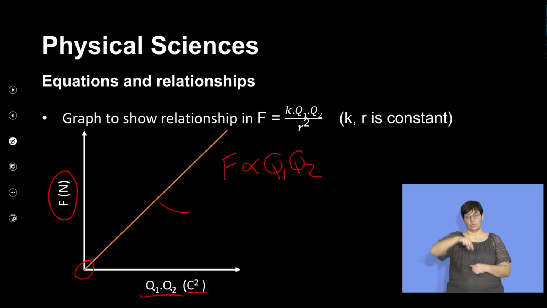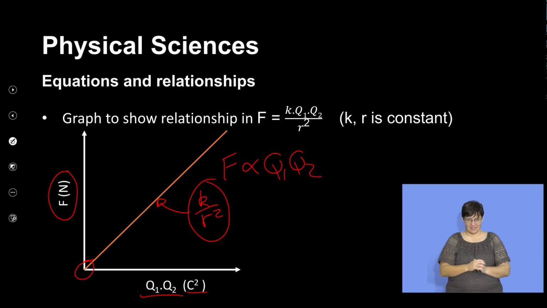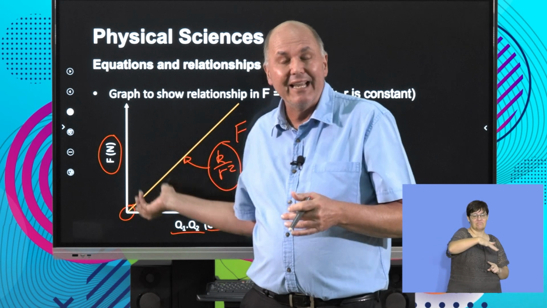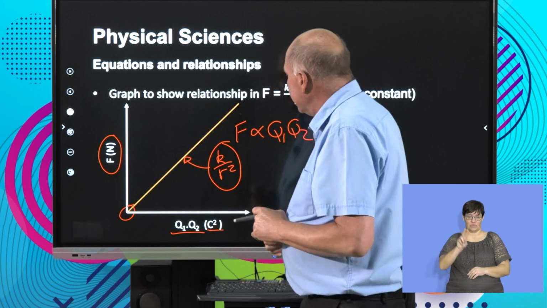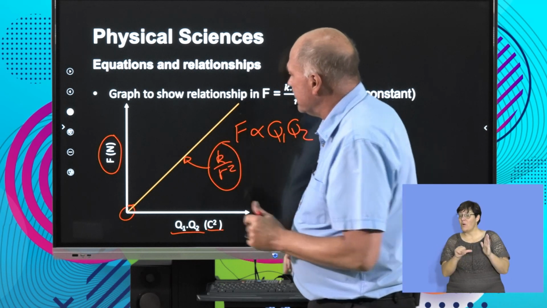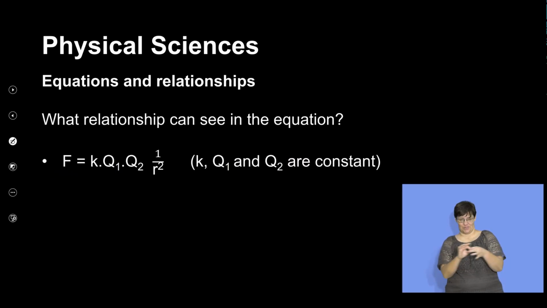And what does this gradient represent? Yes, it's the change in force divided by the change in the product of charge, but it's actually equal to K over r squared. So it's the universal field constant, or the electric field constant, divided by r squared. Very important for us to see that particular relationship there.